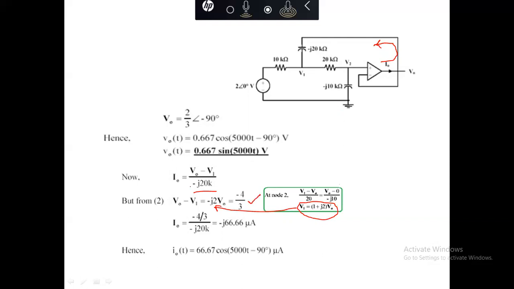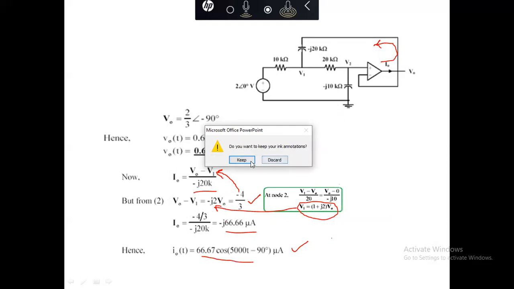Substituting this value of Vout by V1 in I naught here, we will get its value in amperes, and we can write it in the form of time representation. So that is mentioned here. So this is all about AC op-amp circuits, and now we will start today's lecture.